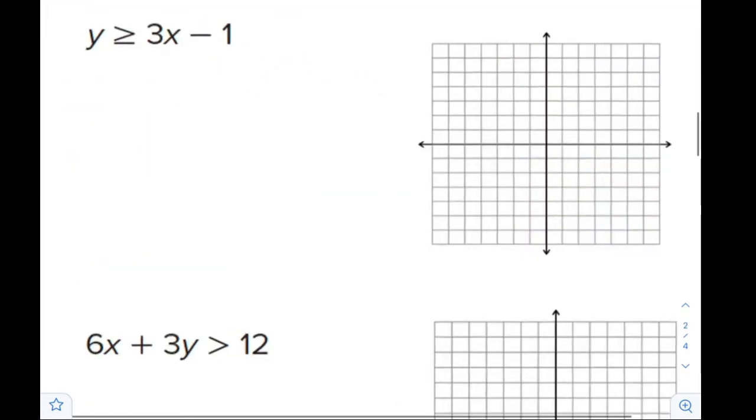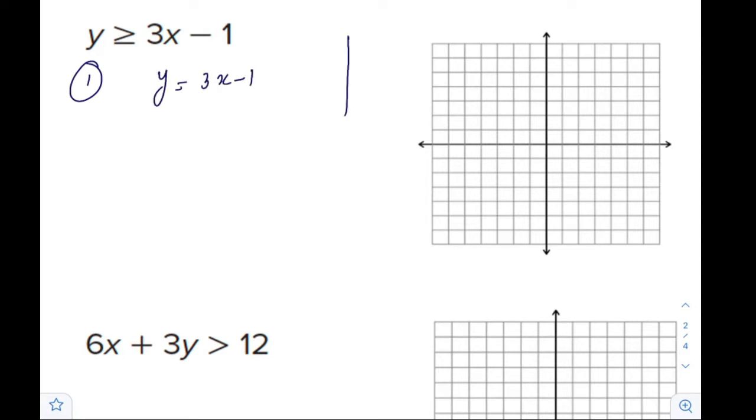Let's see this one. Again, we will first graph the boundary line. This is the table. Assume x, this is x, this is y. When x is 0, 3 times 0 is 0, minus 1 is minus 1. When x is 1, 3 times 1 is 3, minus 1 is 2.